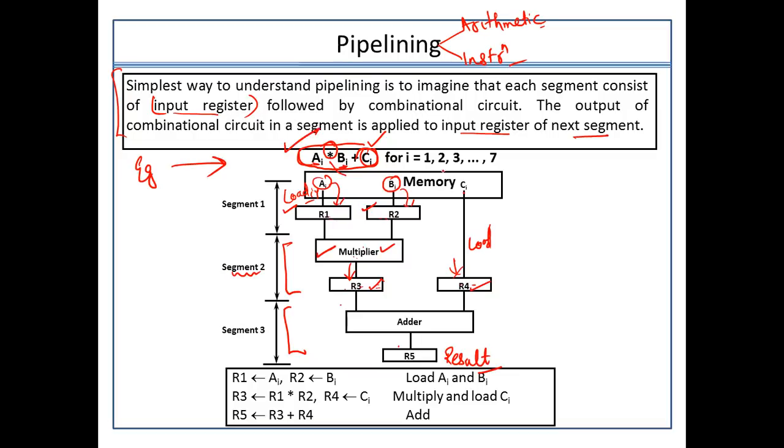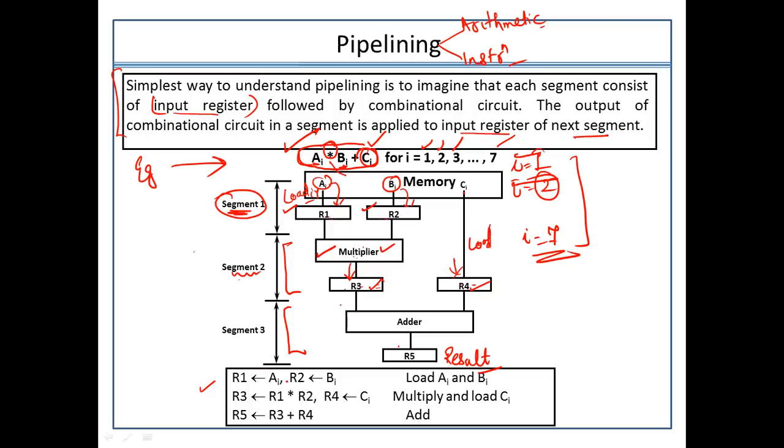So if the same task is to be performed for i equals 1, 2, 3, 4, and so on up to 7, every task is performed in the form of segments. As soon as the operation for i equals 1 has been done for segment number 1 and has proceeded to segment number 2, the operation for i equals 2 will start, and this loop will go on until i equals 7, as the problem is signifying here. So this is exactly the process of performing pipelining. Here it has also been described in tabular form.